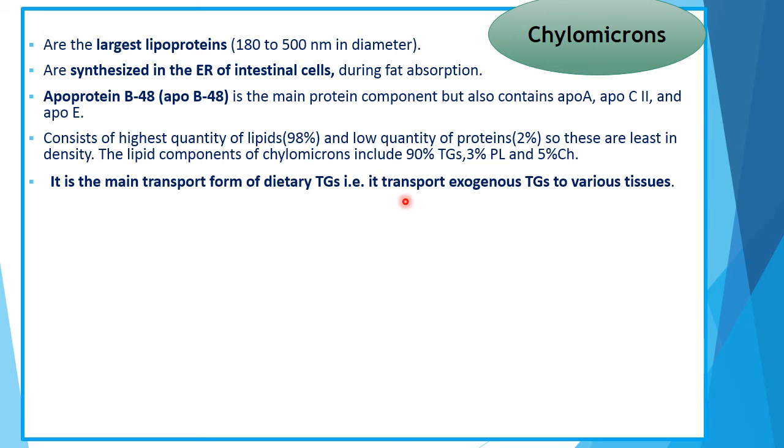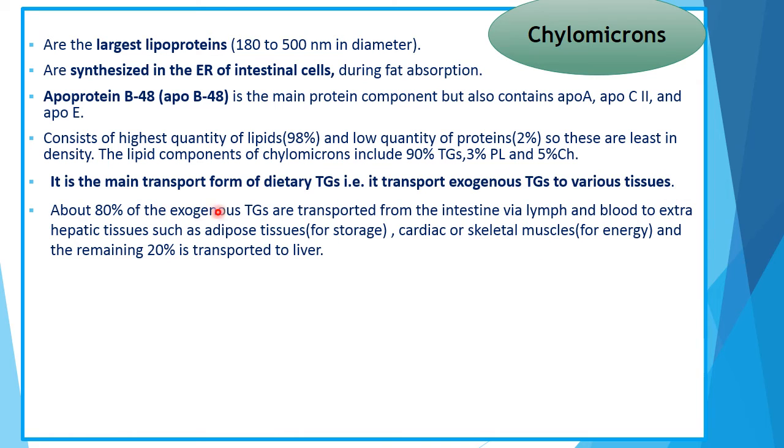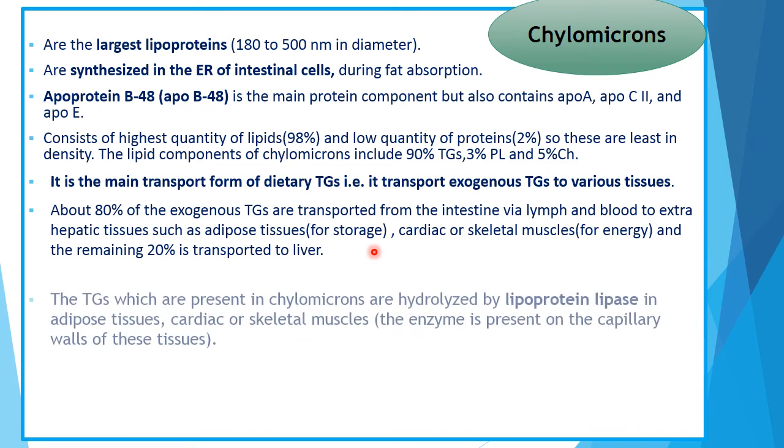It is the main transport form of dietary triglyceride. Therefore it transports exogenous TG to various tissues. About 80% of exogenous triglycerides are transported from the intestine via lymph and blood to extrahepatic tissue such as adipose tissue, cardiac and skeletal muscles, and the remaining 20% is transported to the liver.